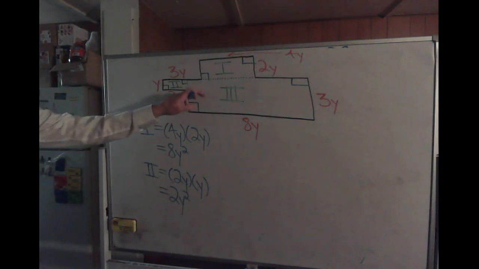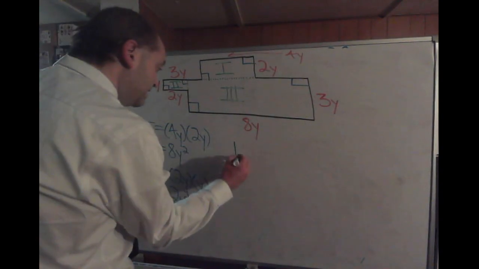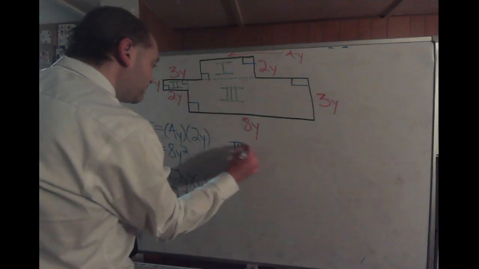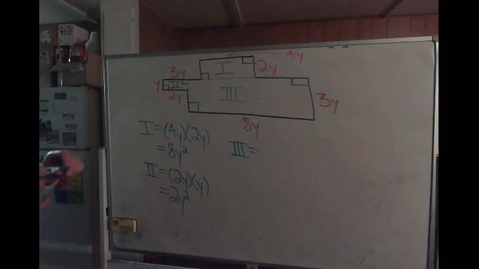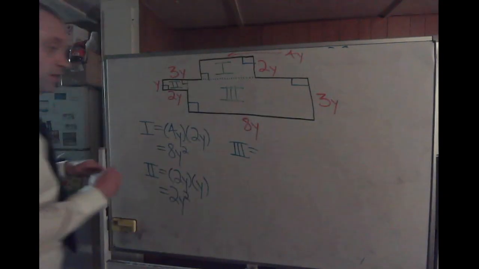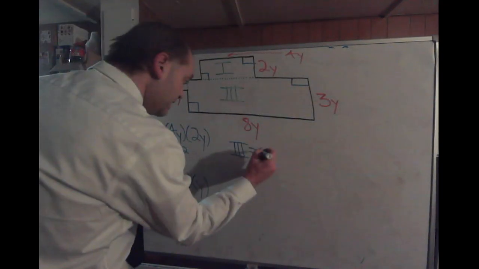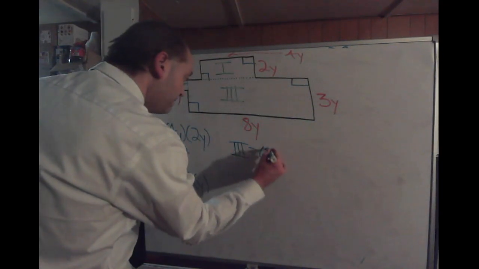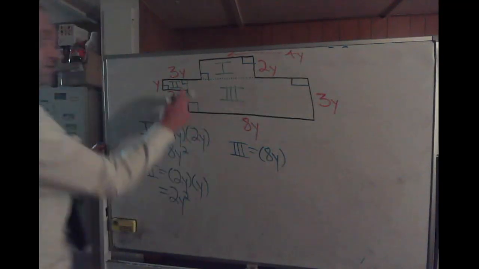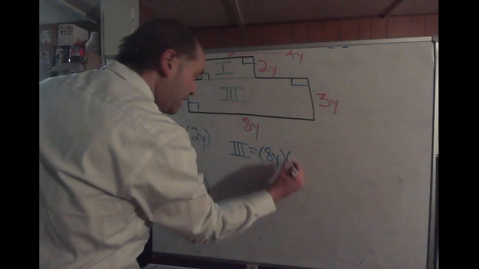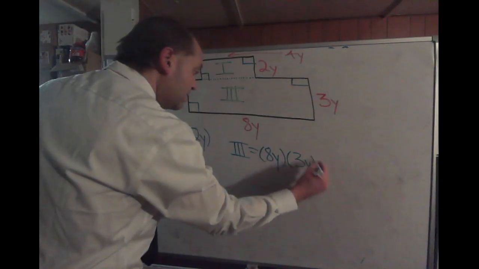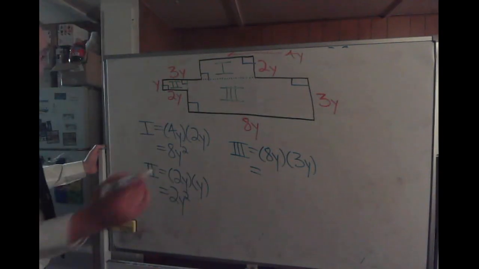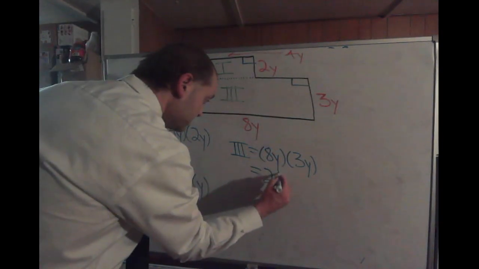So now we just need to solve for region 3. Find that area. Alright, well, I think it's clear to see that the length of our base is 8y. So take the length of your base, which would be 8y, times the length of your height, which would be 3y, which means the area of region 3 would be 24y squared.